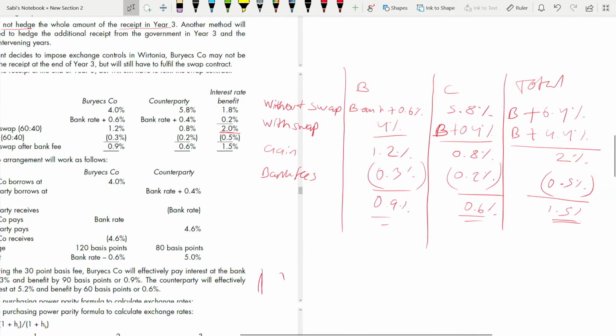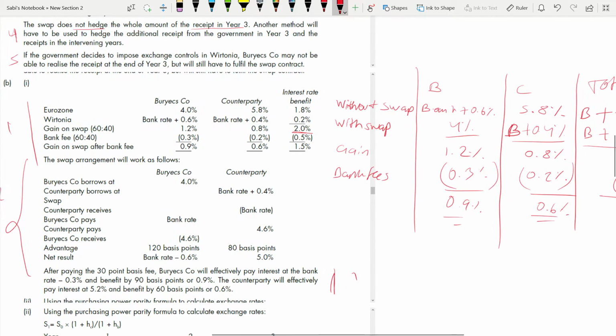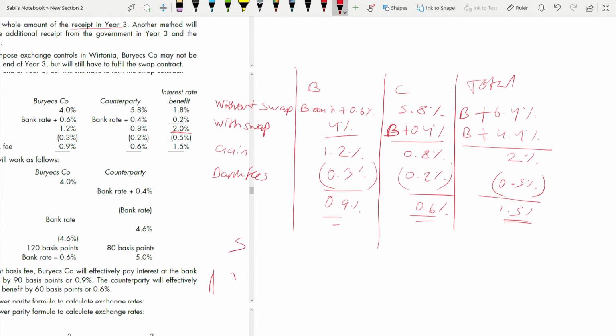The net result is nothing but without swap minus your gain. Without swap minus your gain, that is your net result. So when you start this table, the swap arrangement, I will write here swap arrangement. I'm going to work this table. First start also with without swap.